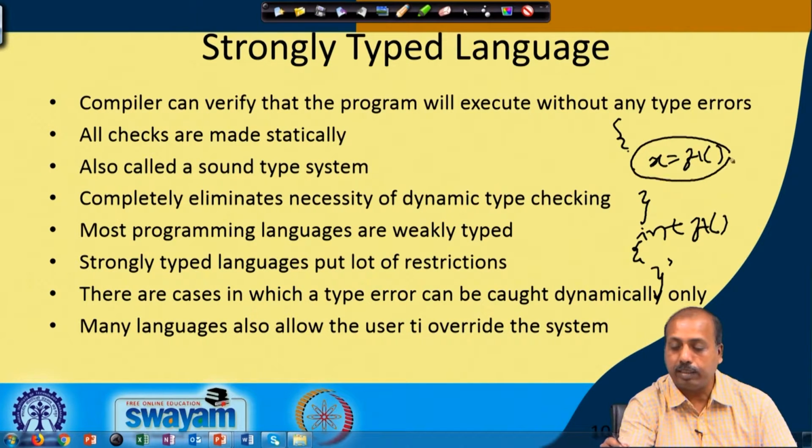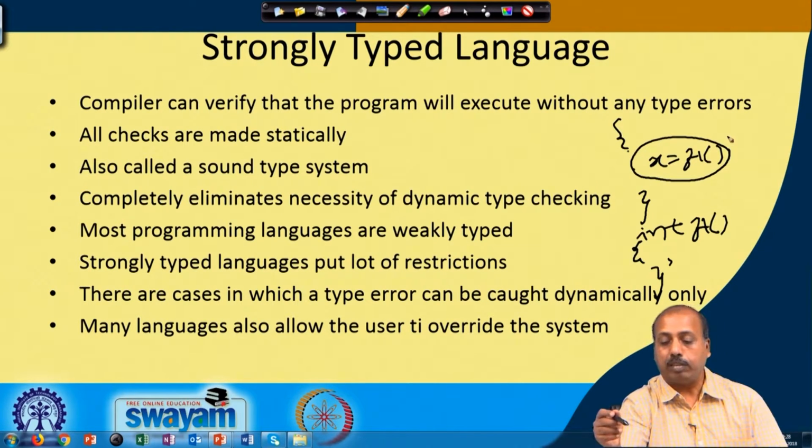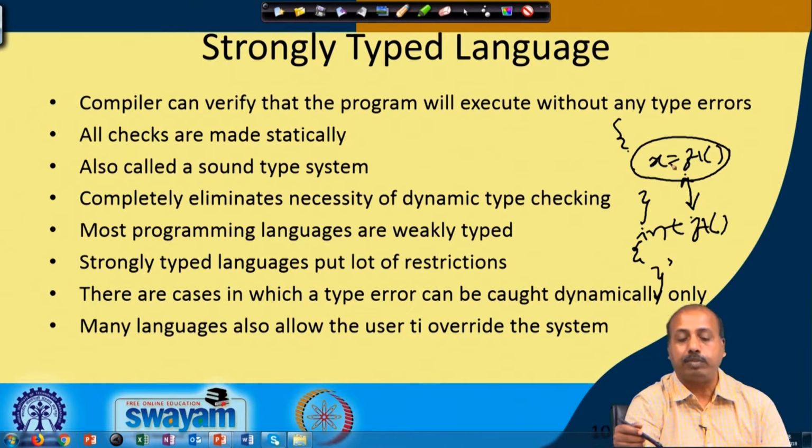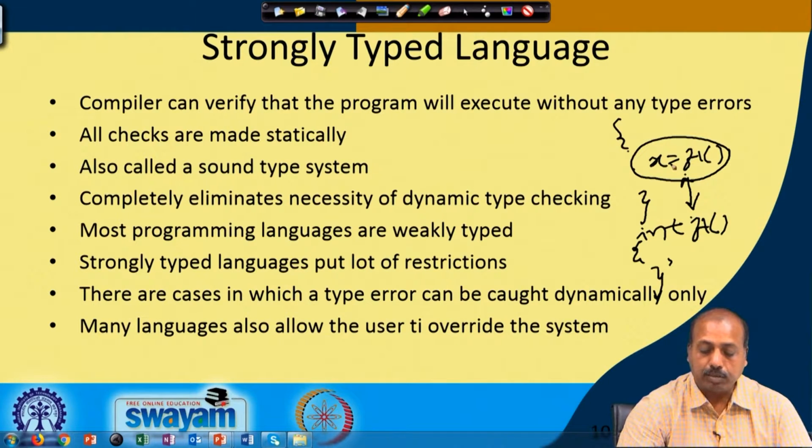Whether this statement is correct from the type point of view depends on the interpretation of f1. But in C language, you know that it implicitly assumes that f1 is of type integer. So, this does not put the requirement that f1 has to be defined previously. This type of flexibility may be there.